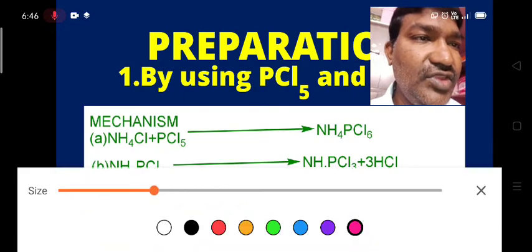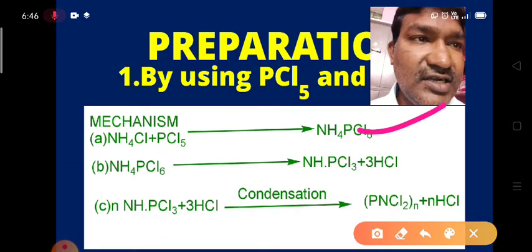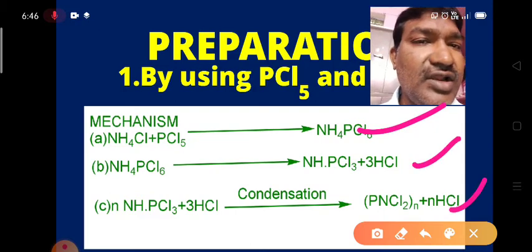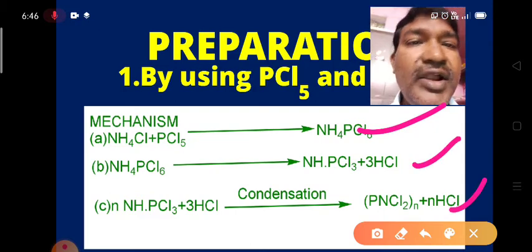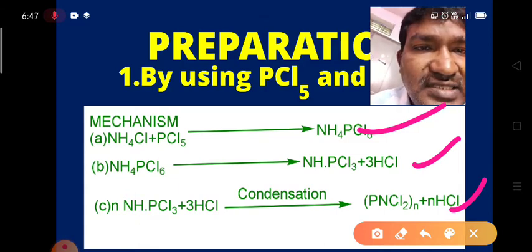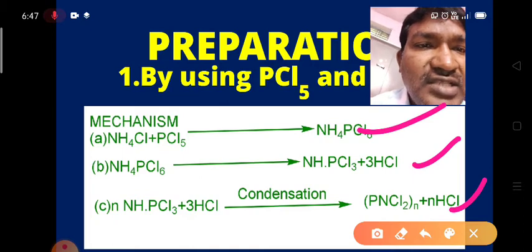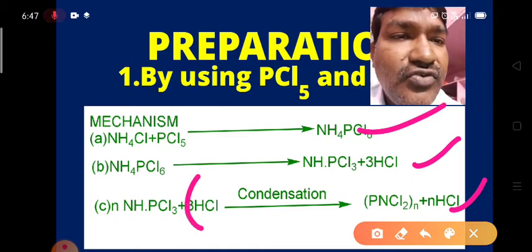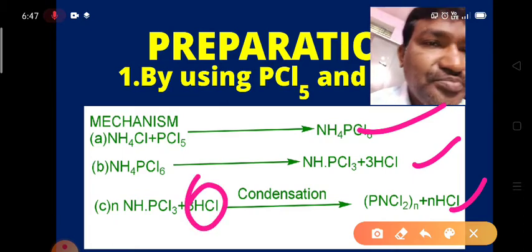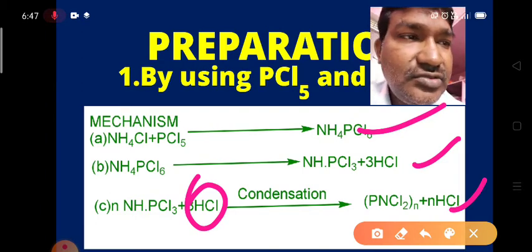In the second step and in the third step HCl molecules are removed. That point we have to remember. In the second step 3 HCl, and in the last step the remaining HCl molecule is removed. So like that we can easily write these equations.